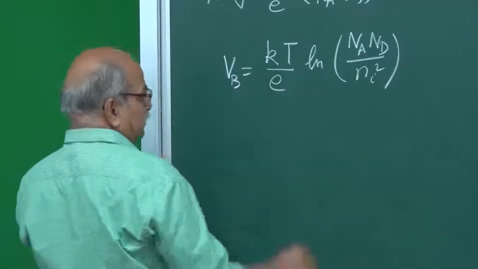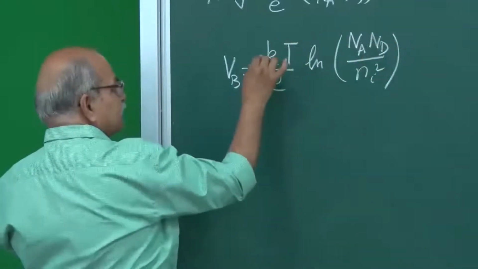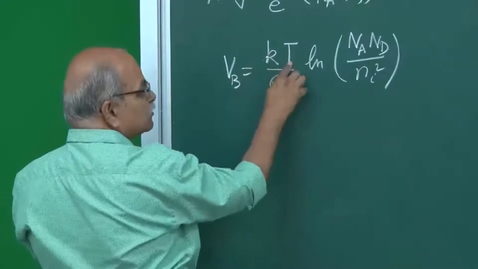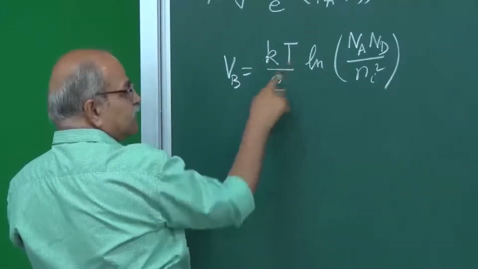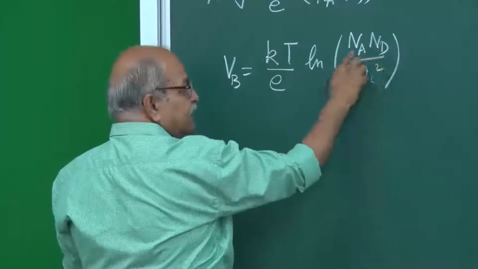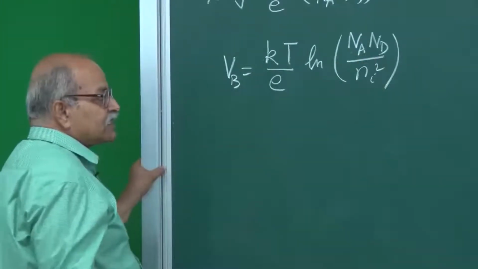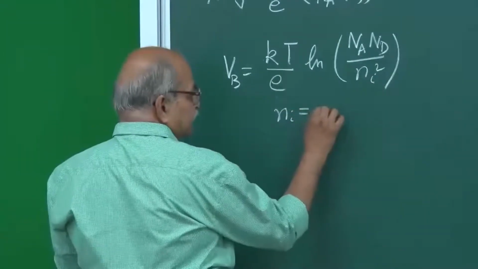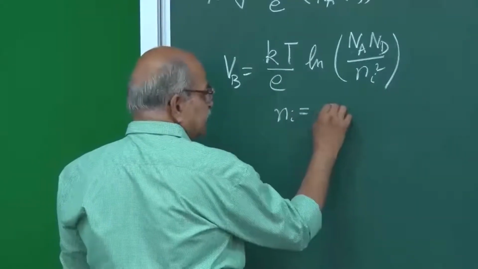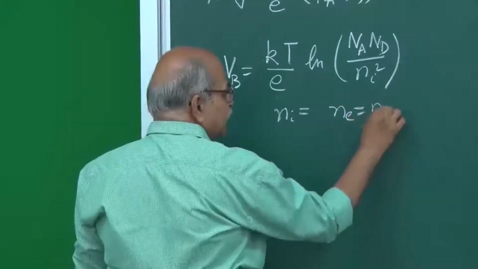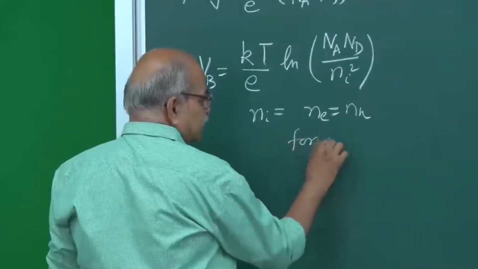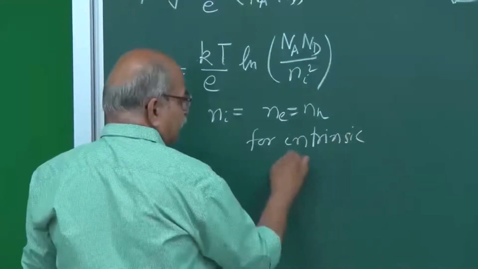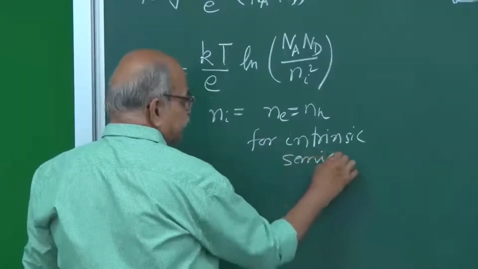You remember we have introduced all these symbols. This is Boltzmann constant, this k into T, Boltzmann constant into temperature in Kelvin, E the electronic charge, Na, Nd are the densities of acceptor and donor ions, and this ni is just ne and nh, which are equal for intrinsic semiconductor before doping.